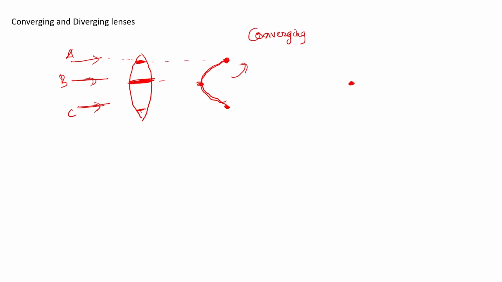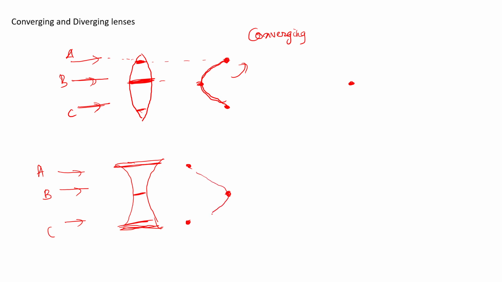Now instead of this, if I make a concave lens like this, instead of convex, and if I have the same parallel beam coming in, A, B, C, A would travel a longer distance, so it would go here. B, on the other hand, has to travel the shortest distance, so it would be farther, and C same as A here.